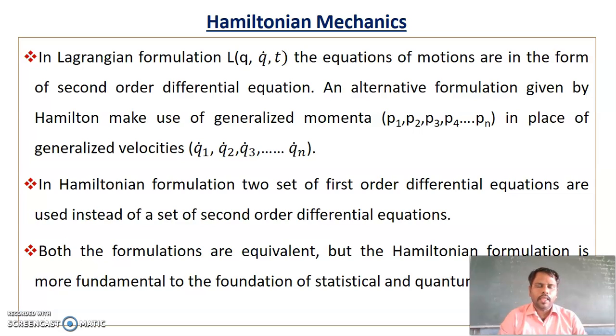Now, we have seen the Lagrangian, which is a function of q, q dot, t, and L is equal to T minus V, and the Lagrangian equation is d by dt of dou L by dou q dot minus dou L by dou q is equal to 0 for conservative forces.